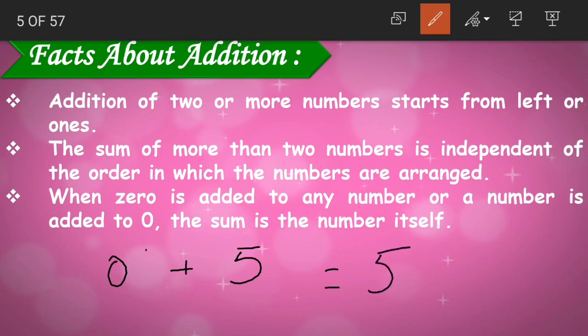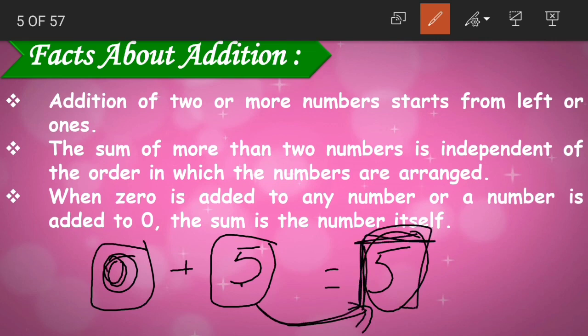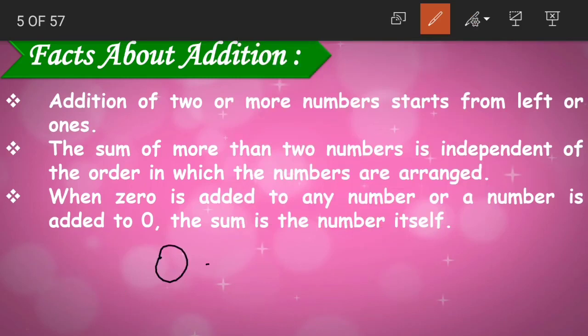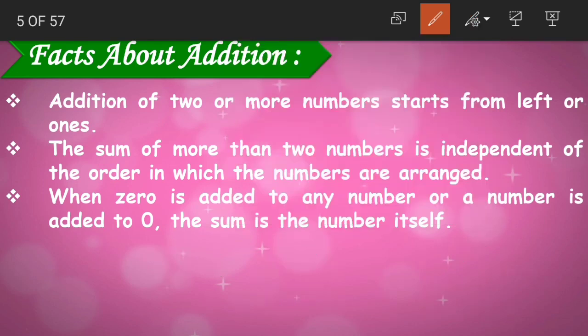Yes, 5 chocolates. So what did we observe here? When we added 0 to the number 5, we got the same number. Whenever we add any number to 0 or 0 is added to a number, the answer will always be the number only. Even if I had 0 plus 100 here, the answer will be 100 only, or 0 plus 1000 also, the answer will be 1000 only. So whenever we add 0 to any number, the answer will be the number itself.